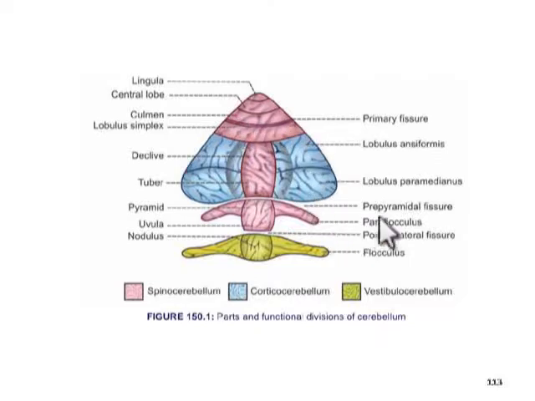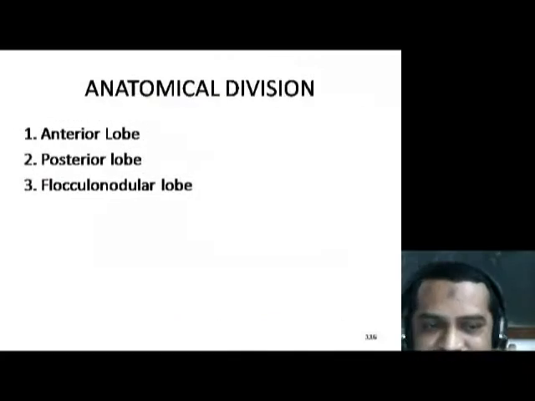This nodulus and flocculus together are known as flocculonodular lobe. Okay. Then on either side of pyramid also there is an extension which is called as paraflocculus. Here this one is pyramid, and on either side of pyramid there is an extension. This extension is called as paraflocculus.